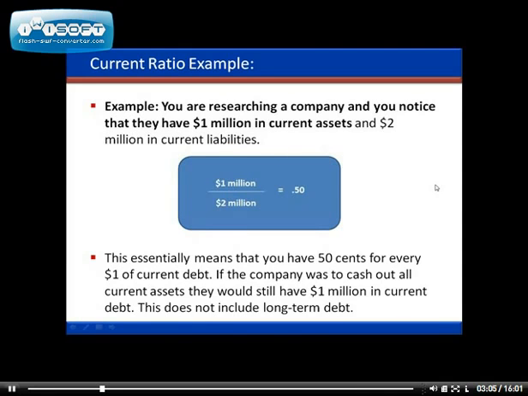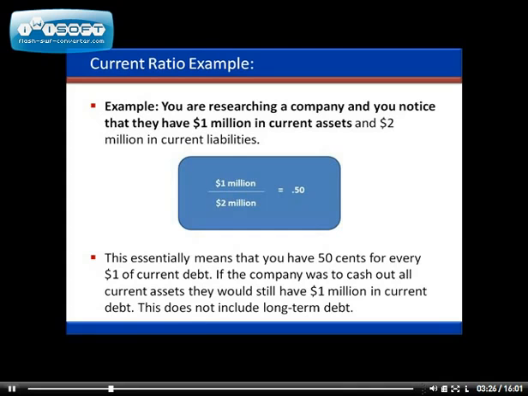So let's look at a current ratio example. Let's say you're researching a company and you notice that they have $1 million in current assets and $2 million in current liabilities. If we put the current ratio formula together, current assets over current liabilities, we would come up with 0.5.